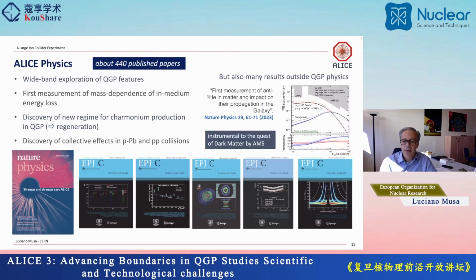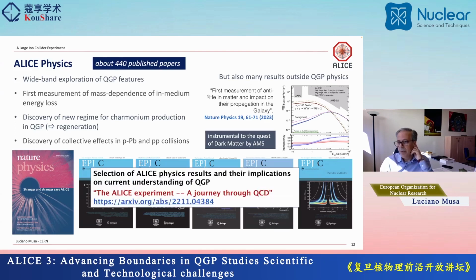Or also, more recently, the first measurement of anti-helium-3 in matter, and the impact on inferring the transparency of the galaxy, so the propagation of anti-helium-3 in the interstellar space. And this is very important, it is instrumental to the quest for dark matter by AMS.